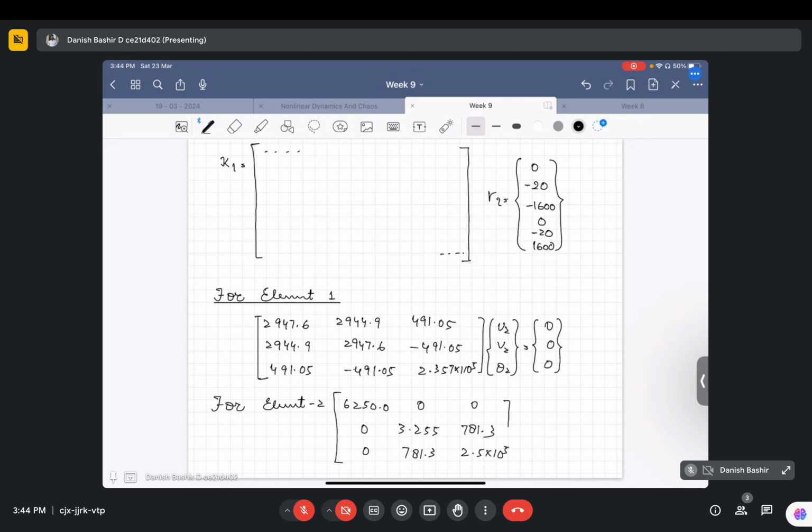This will be 0. And this is u2, v2, theta 2 again. And its force vector is there because it's loaded with a uniformly distributed load: 0 minus 20 1600, minus 1600 actually, because it's from here. 0 20 minus 1600, 0 minus 20 1600, because u3, v3, theta 3 will be 0.